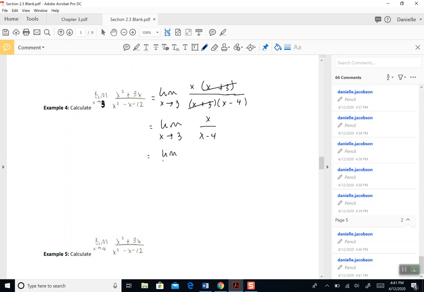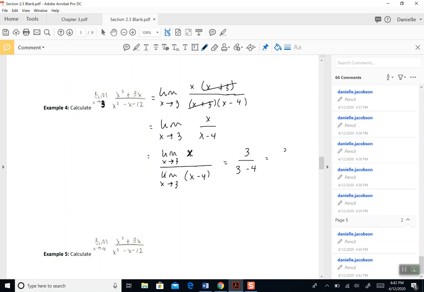So this is the limit as x goes to 3 of x over the limit as x goes to 3 of x minus 4. Right, now running the limits through, I would have 3 up here. Again, I believe that's property 8, which we've already discussed. I know I can run this across subtraction, so the limit as x goes to 3 of x is 3. And the limit as x goes to 3 of negative 4, which negative 4 is just a constant, is minus 4.